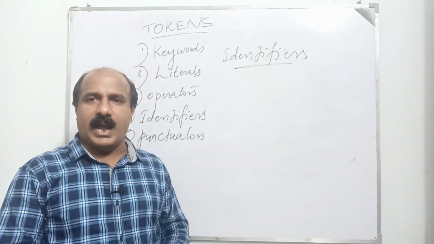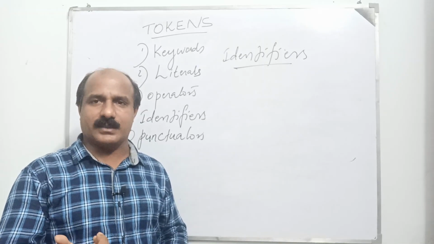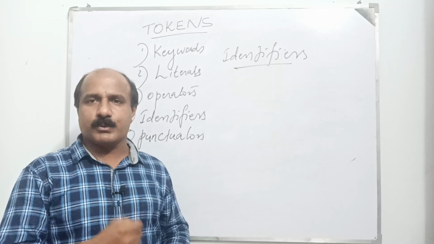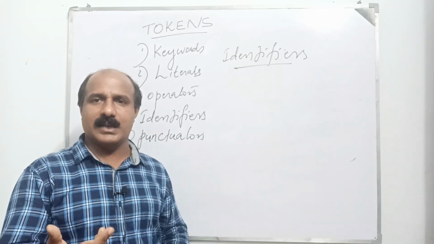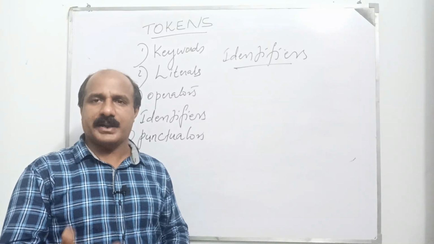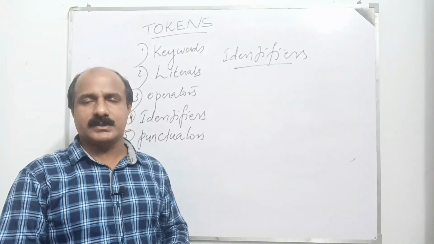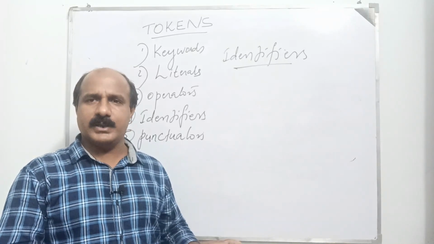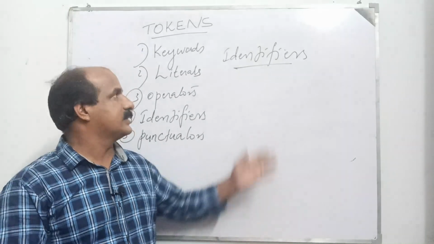Identifiers: see, the name itself has a meaning, identify something. In a program you need to identify the variable names, class, function name, array name, etc. Wherever you give a name in a program, it is called what?